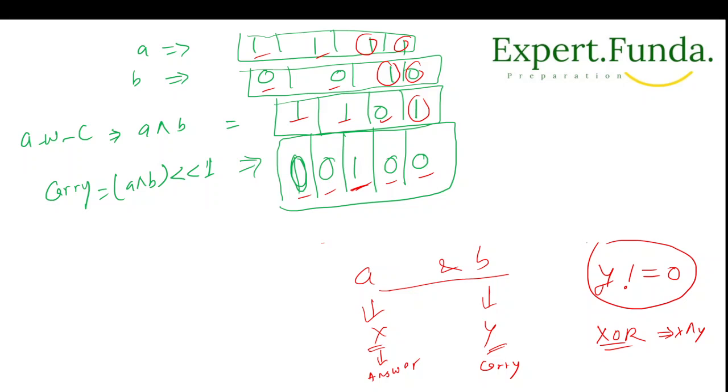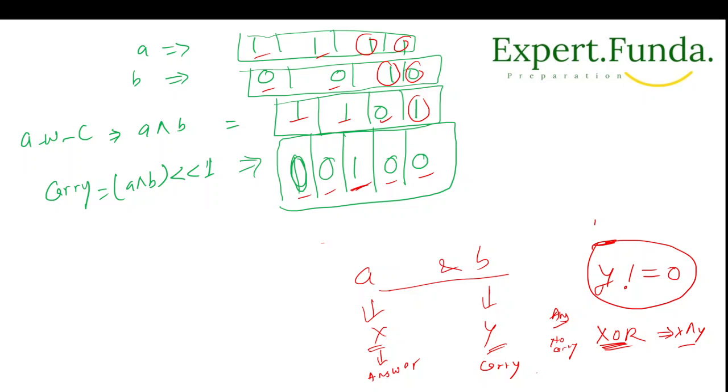So first we check this condition: if y is not equal to 0, we check the current answer without carry, and we say XOR is like this.